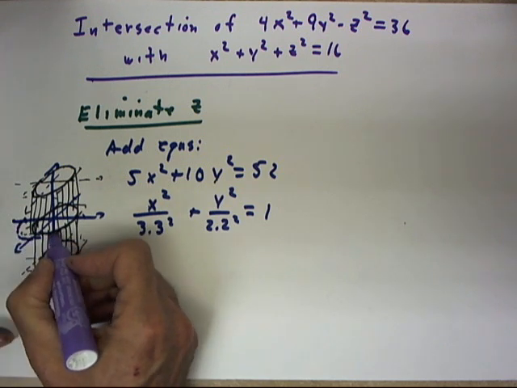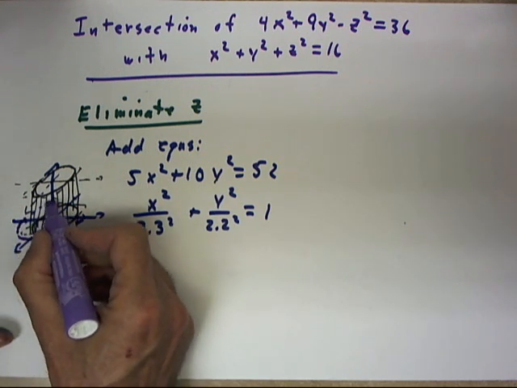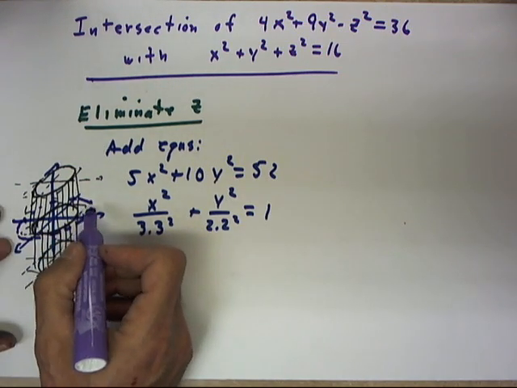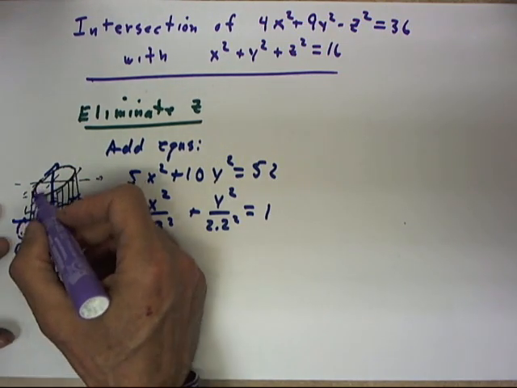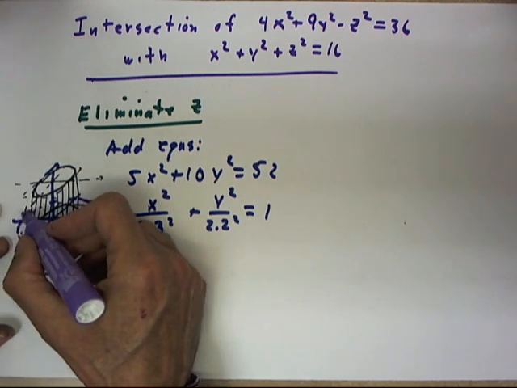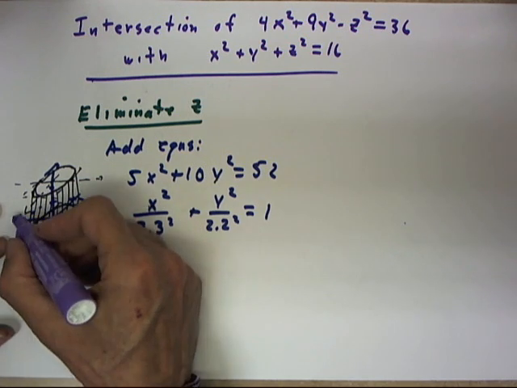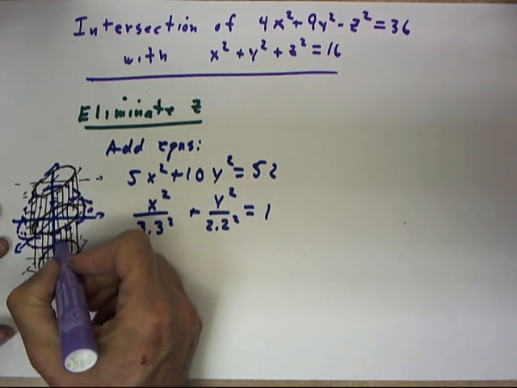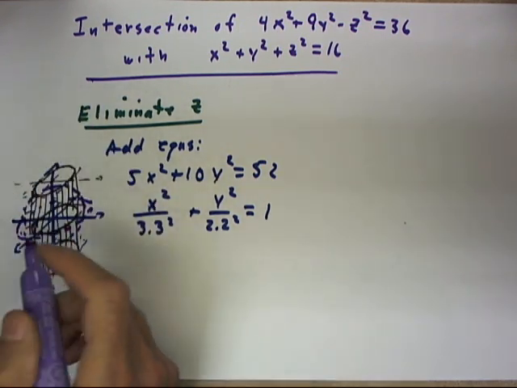I'm going to dot the graph of the circle where it intersects the XY plane. It's going to intersect the XZ plane up here and down below, so it's like two perpendicular rings.